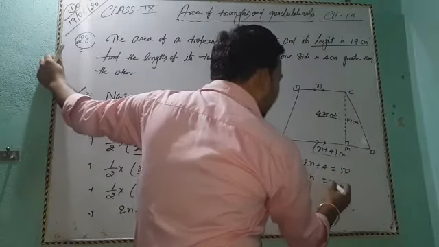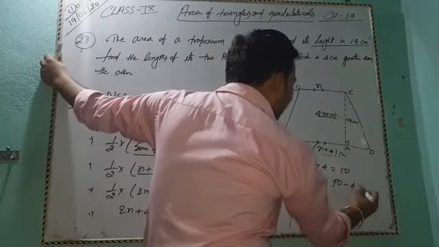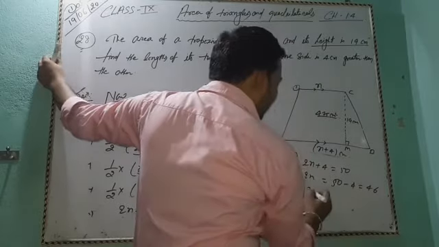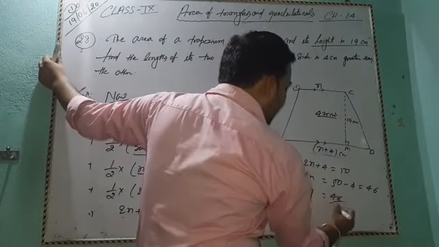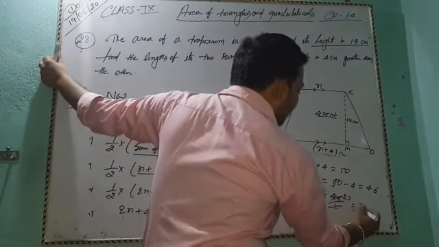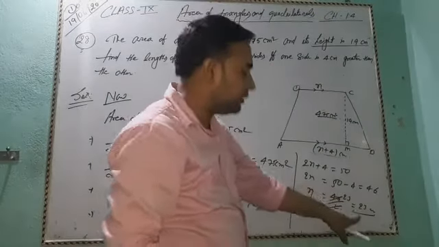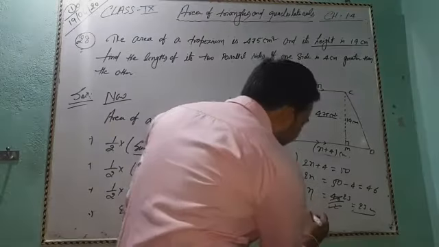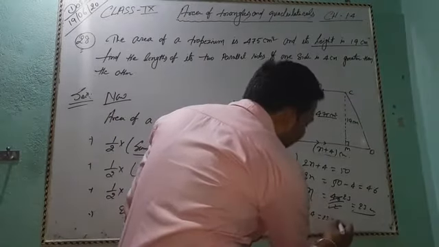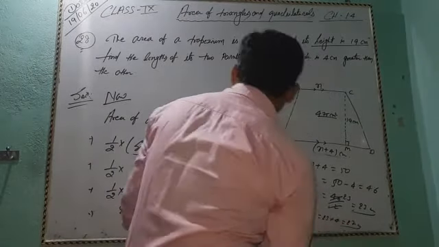So 2x equals 50 minus 4 equals 46, and x equals 46 by 2, which is 23 centimeter. The first side x is 23 centimeter and the second side x plus 4 equals 23 plus 4 equals 27 centimeter.